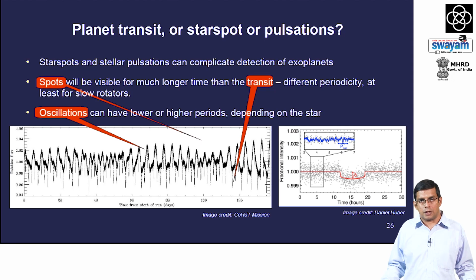But in a different kind of star, shown here on the right, the planetary transit has a period of this, and the stellar oscillation periods are much smaller. So, again the time scales of the two phenomena are often different. However, oscillations and transits can sometimes cause complications in the detection of either.